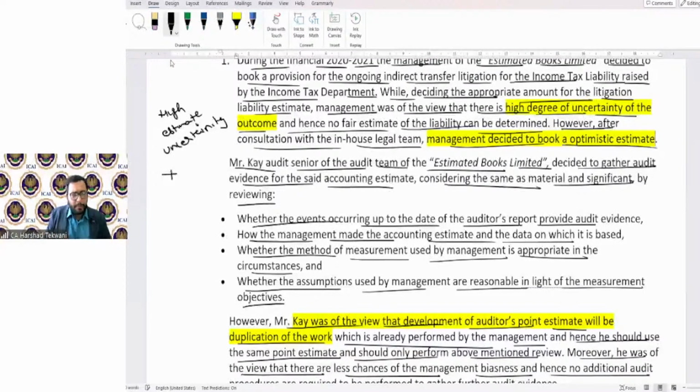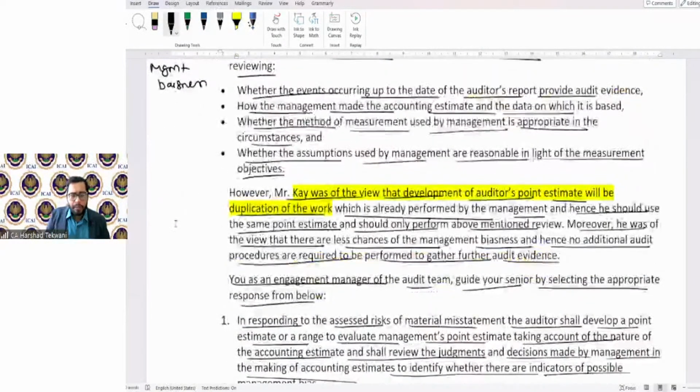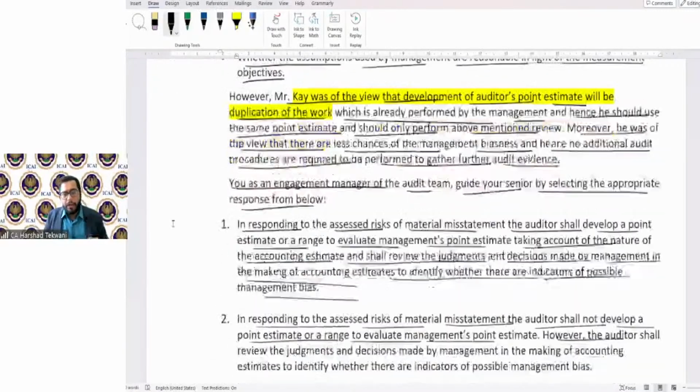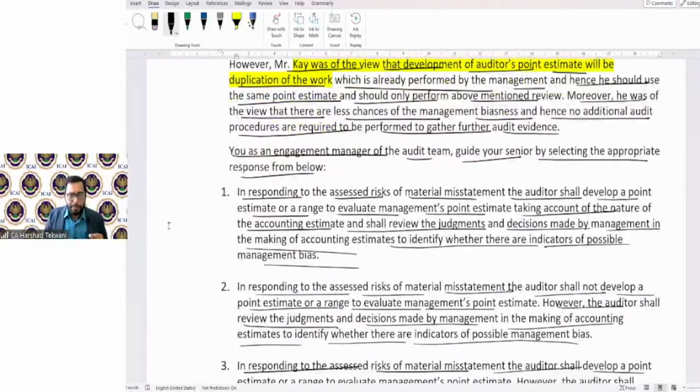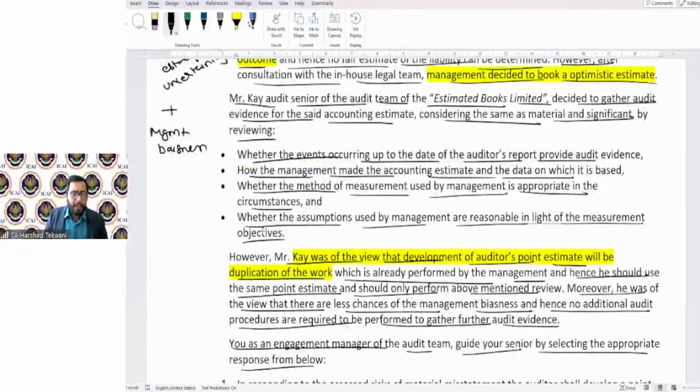Then you have management bias because management decided to book an optimistic estimate. Then the auditor was of the view that they should not perform audit, they should not develop an independent auditor's estimate.